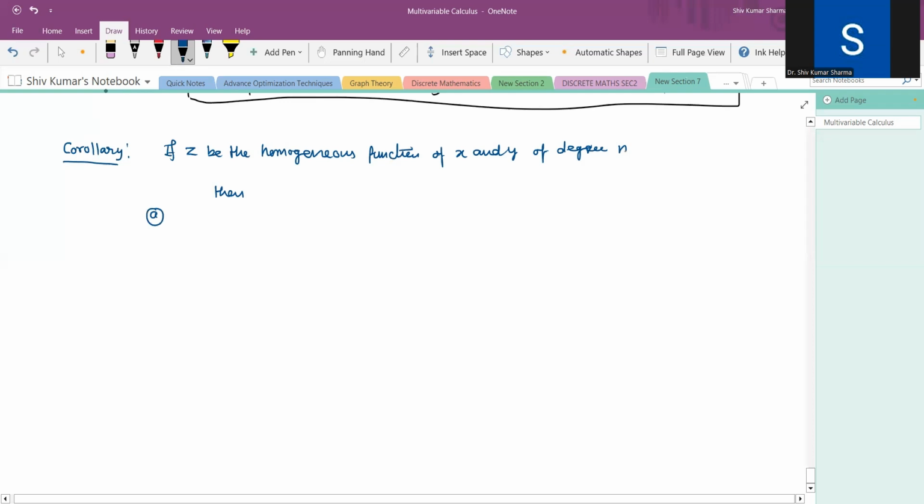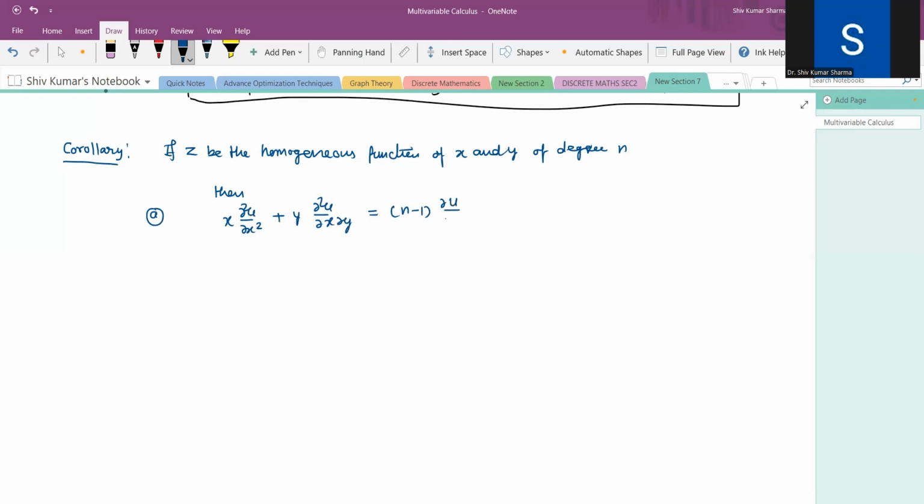So the first corollary is x ∂²u/∂x² + y ∂²u/∂x∂y = (n−1) ∂u/∂x.